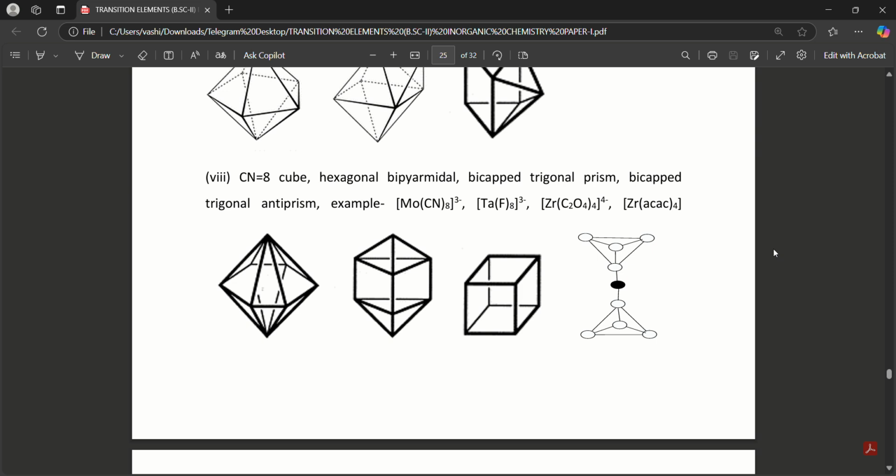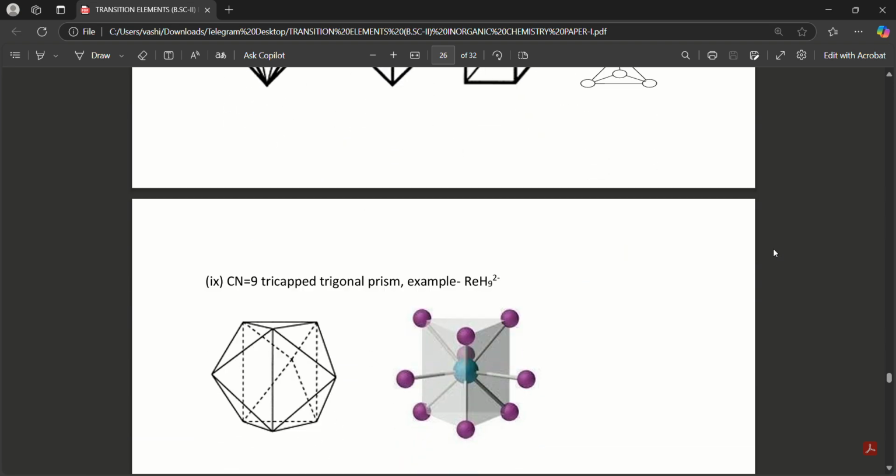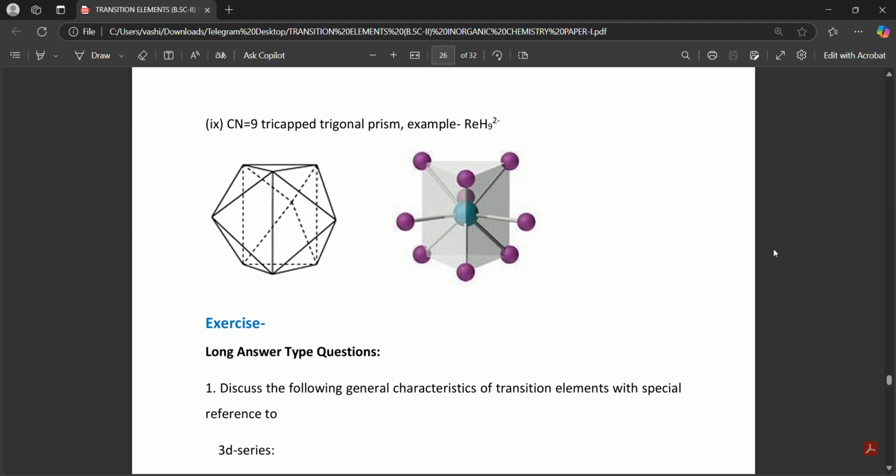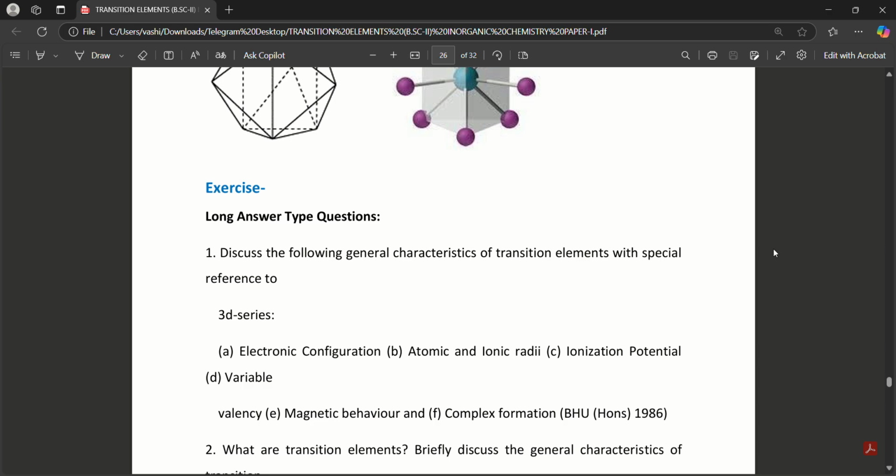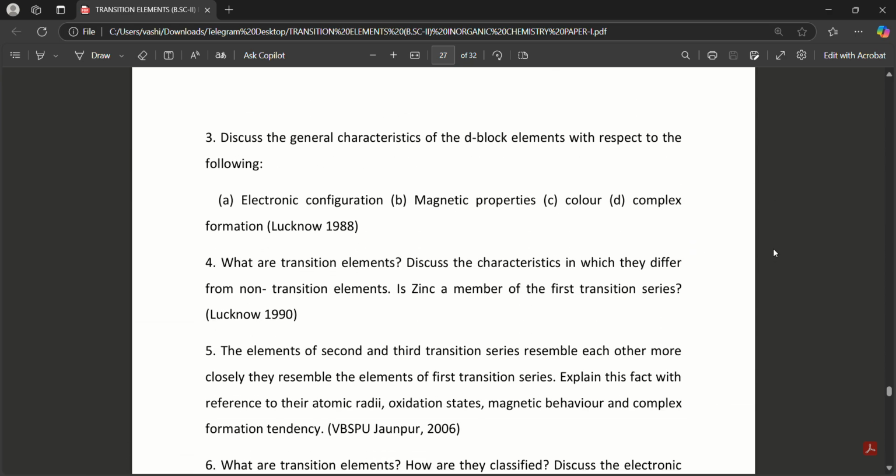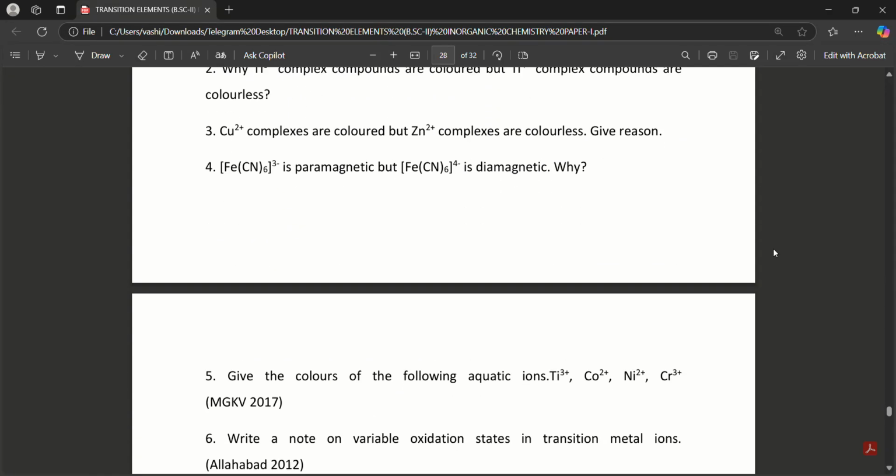Examples: [Mo(CN)8]3-, [TaF8]3-, [Zr(C2O4)4]4-, Zr(acac)4. CN equal to 9: tricapped trigonal prism. Example: [ReH9]2-.